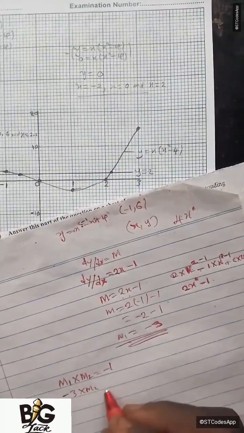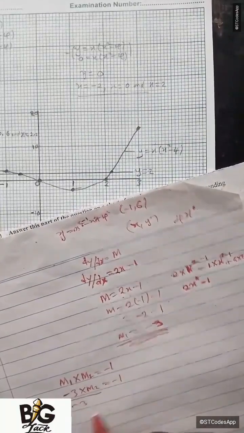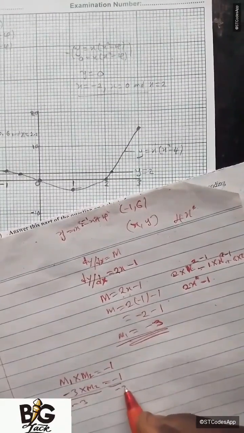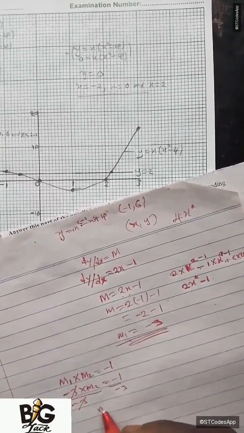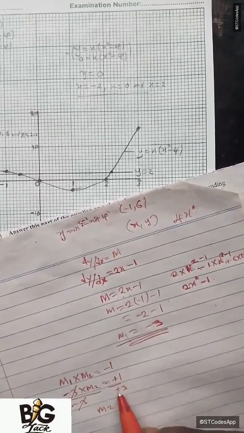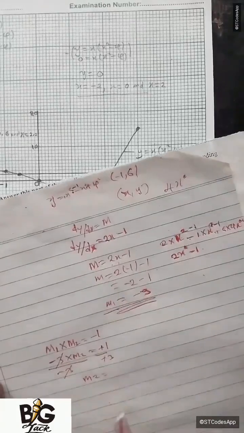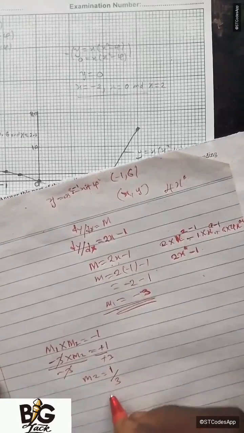Since I'm looking for gradient 2, I'm going to divide by negative 3, and here by negative 3. So this one and this one are going to cancel each other. Therefore, our gradient 2 is going to be 1 divided by 3.